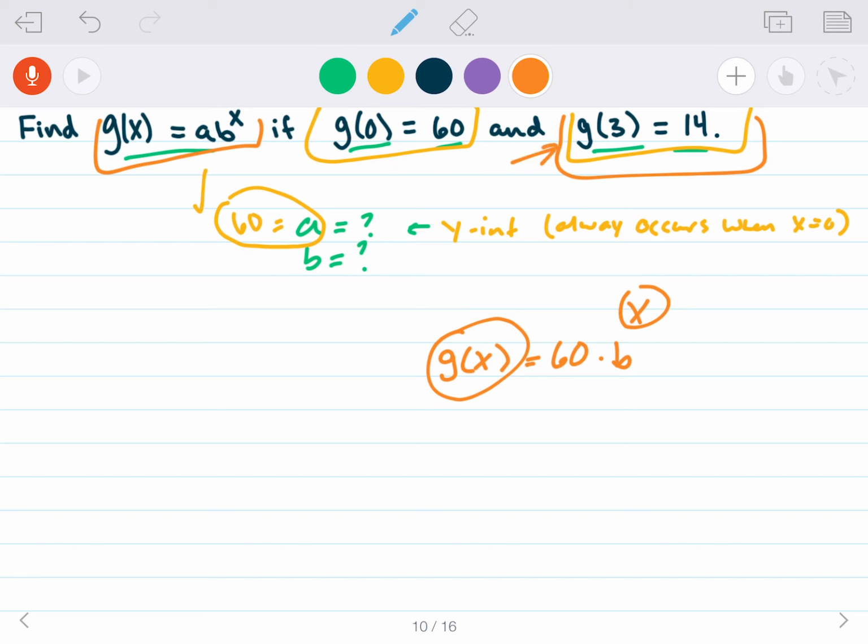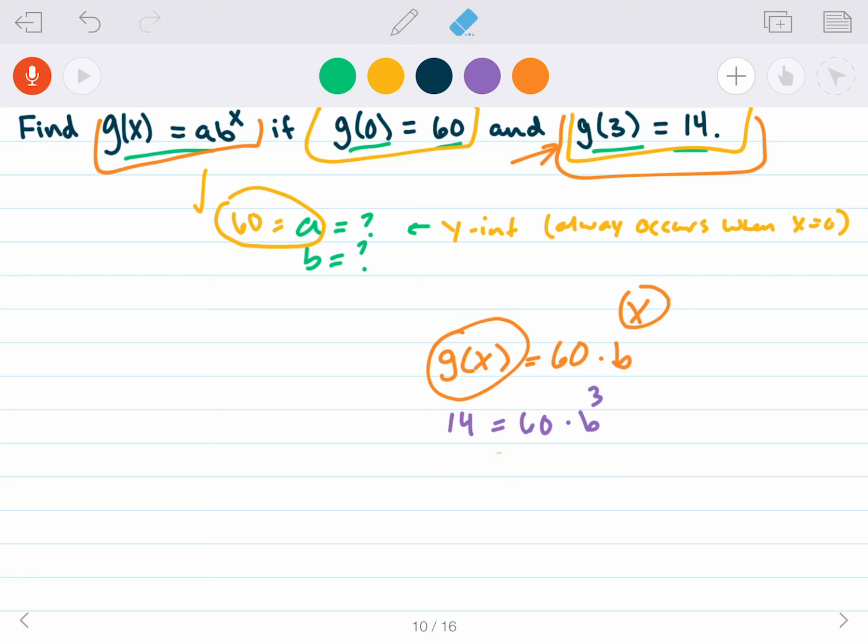So we're told this additional point here that when x is 3, y, or g of x, is 14. So we can plug this information in, and we can say, okay, well, we have 14 is equal to 60 times b to the 3, just plugging in g of x and x, and now we can solve for b.